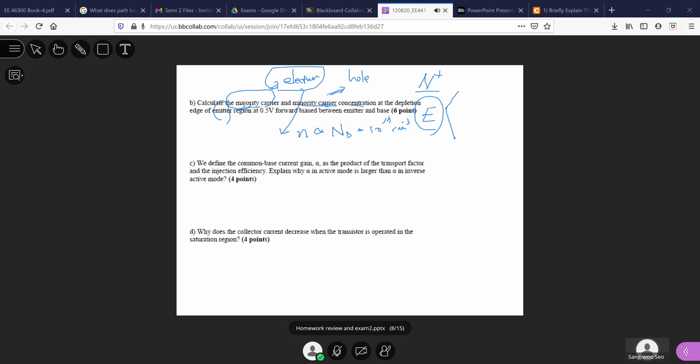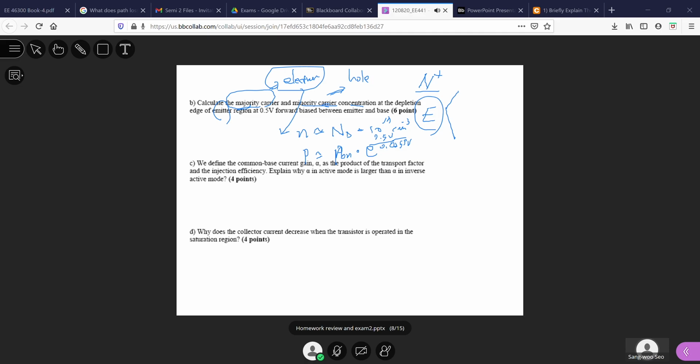The minority carrier concentration follows the thermal equilibrium concentration multiplied by exponential of the applied bias, 0.5 volt, divided by kT over q, which is 0.9 volt, right?